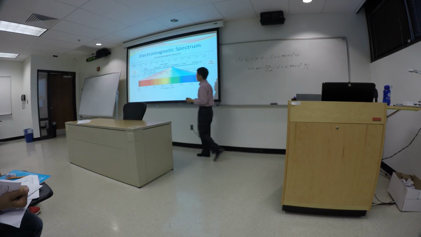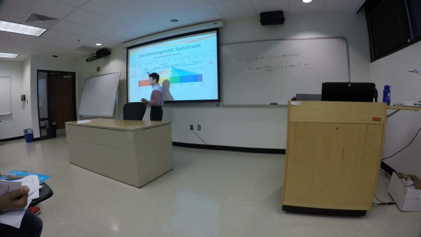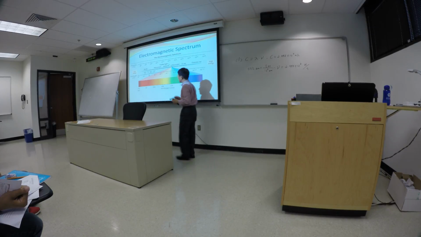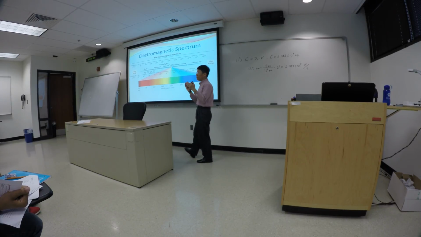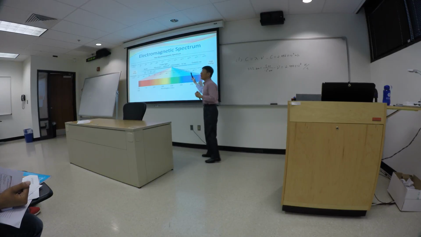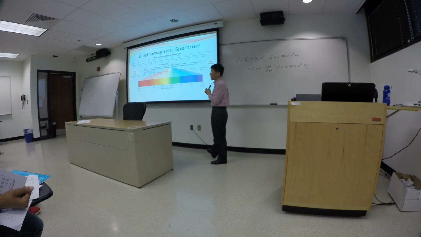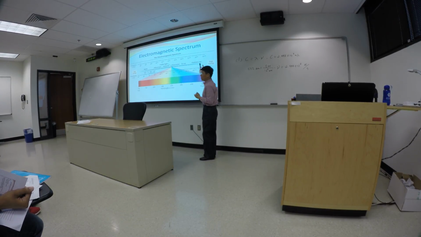Radio waves, on the left of this picture, have a long wavelength and a very low frequency. Gamma rays have a very short wavelength and extremely high frequency.